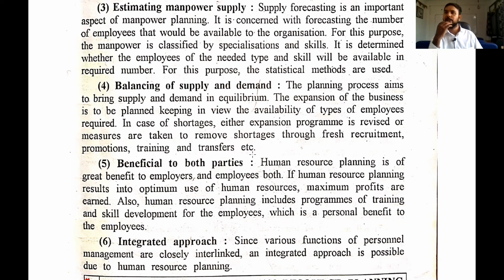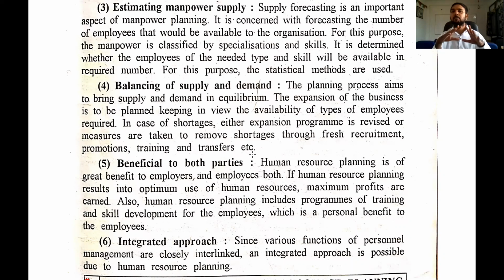So if we are planning to expand our business, for the expansion we need more employees. But if there is a shortage of employees, then what do we need to do? Either we need to postpone our planning or expansion of business, or we need to remove the shortage of employees. We need to do the recruitment process again. We need to take such actions so that we can get the number of employees required for our expansion.